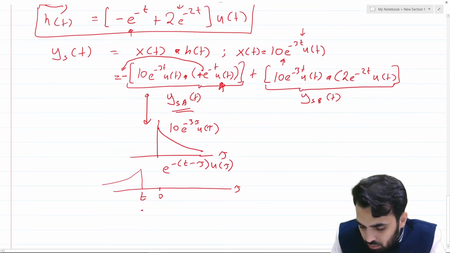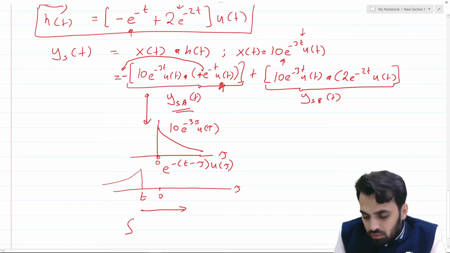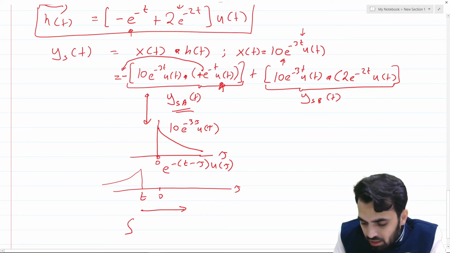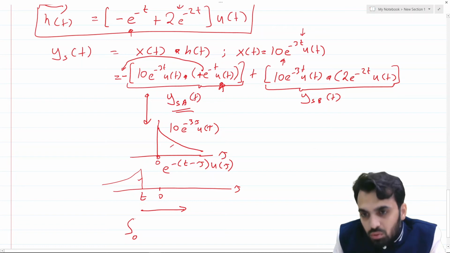Hence, if we are sweeping this from left to right, whenever t is less than 0, before this point, these two will multiply and the area would be 0. But when t is beyond 0, this and this would multiply, that is starting from 0 up to the point of t when it is moving towards the right side.